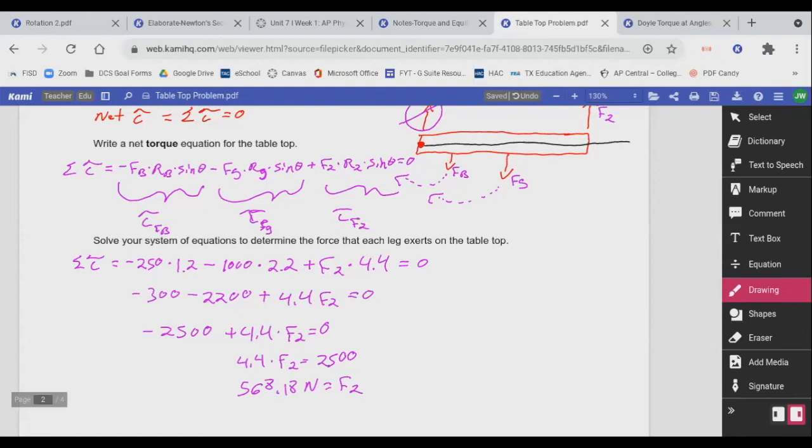Mr. Watley, yes, what's up? Is it always going to be 90 degrees, or is there an instance? Yeah, and in our practice work, after we get done with this page, I'm going to skip around and work with a couple of them that aren't 90 degrees and show that to you. The good thing is we're starting with the easy 90 degrees, but we're going to see some that aren't in a couple minutes.